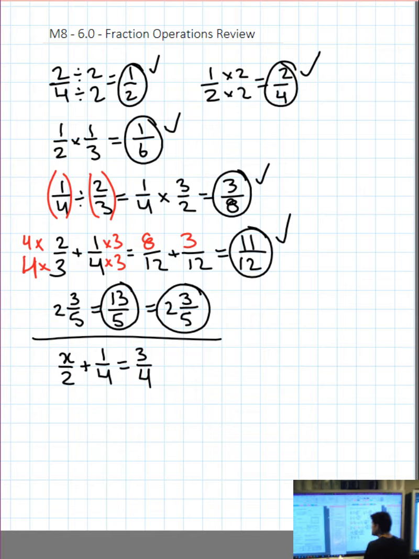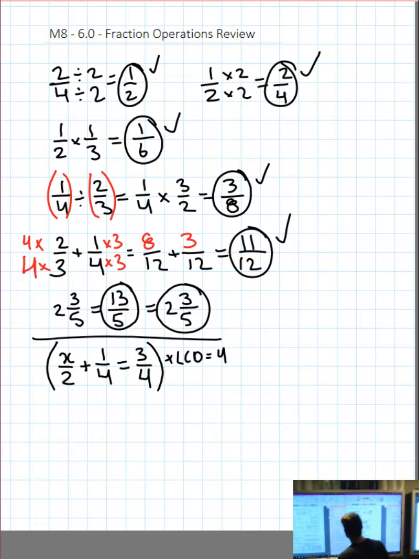But because this is such a useful method for fractions, I've put it on this page. And the method is multiply both sides by the LCD. So what's the lowest common denominator between 2 and 4? Well, the lowest number both numbers go into is 4. So I'm going to say times LCD equals 4.